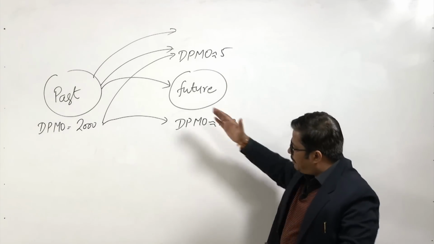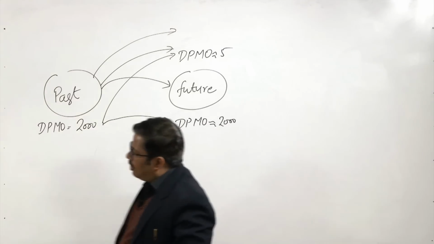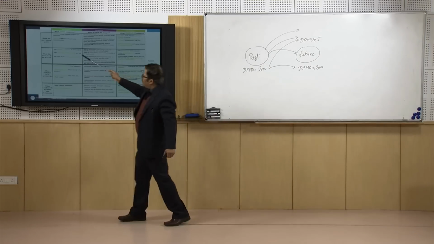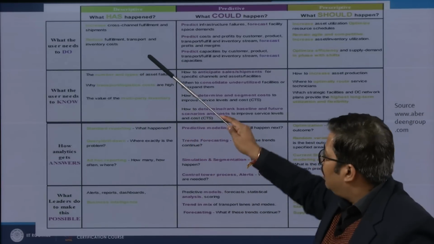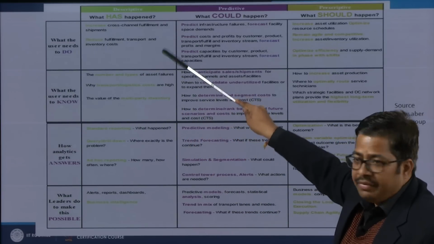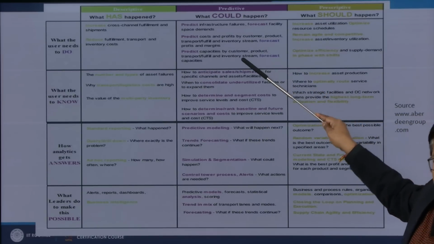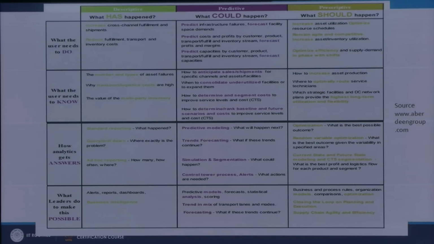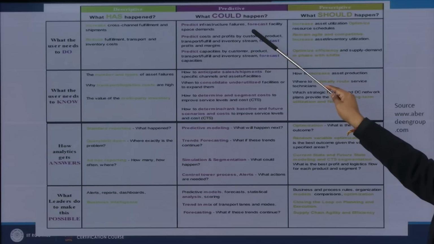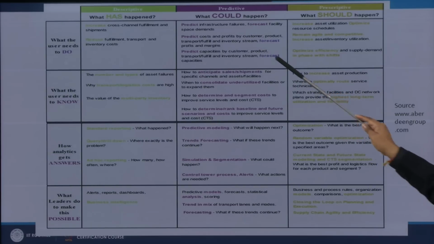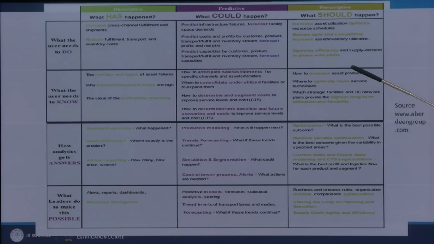So, on the basis of that, we have already categorized what the user needs to do. These are the things which form our descriptive analytics. These are the issues where we want to predict something. Obviously, these things are part of your predictive analytics, and for those things where we want some kind of optimized solution in my supply chain, these are part of prescriptive analytics.